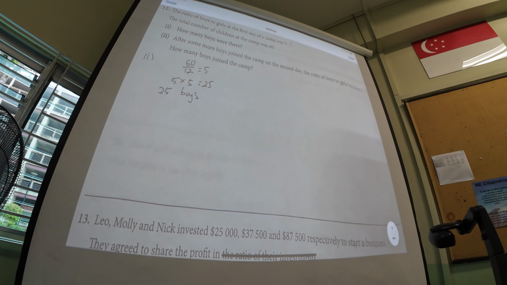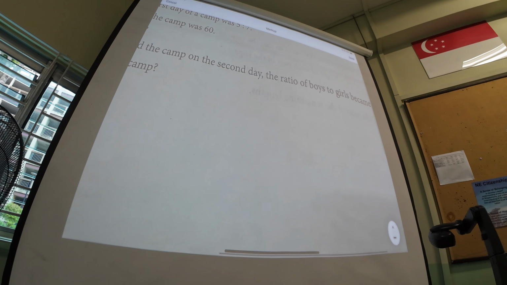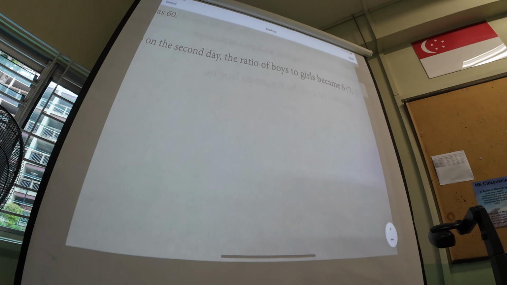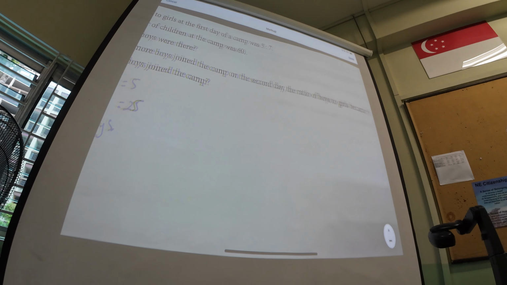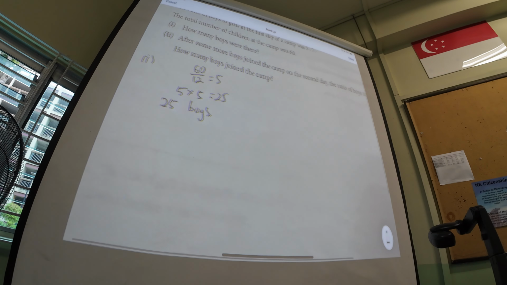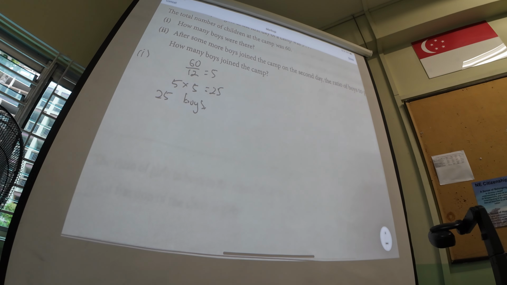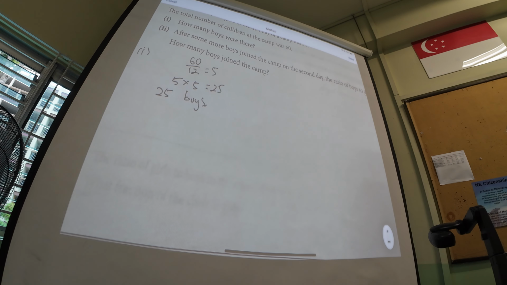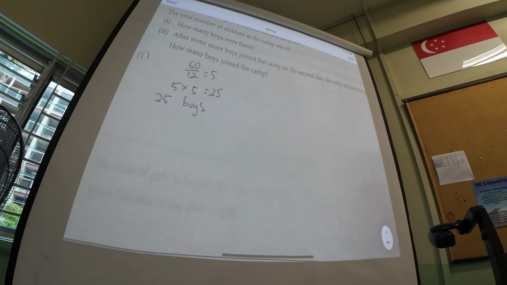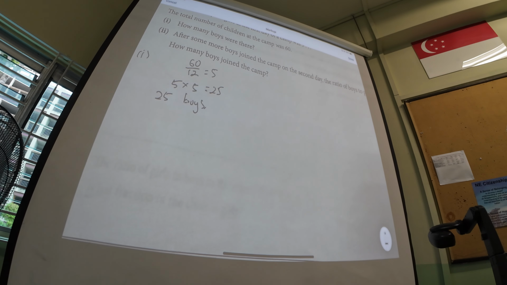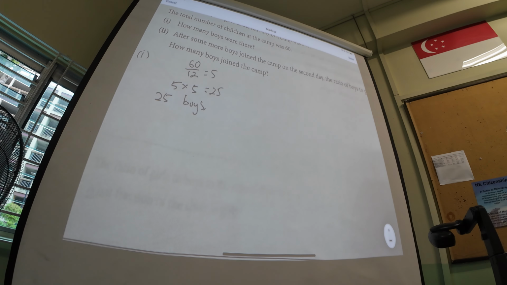Some boys join the camp. Then the ratio changes from 5:7 to 6:7. We don't know how many boys join, but we are supposed to find out. We know how much 1 unit is. Just now, Jarius said find each unit, multiply by 5.